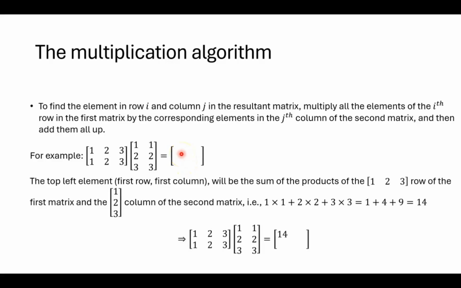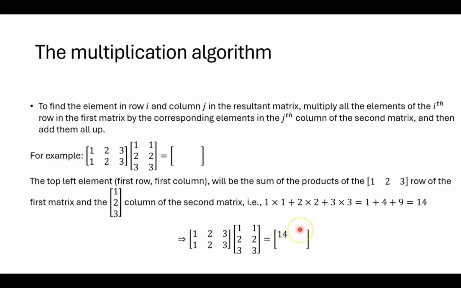For example, the top left element, so the first row, first column in the resultant matrix, will be the sum of the products of the first row, so this 1, 2, 3 of the first matrix, and the first column, also 1, 2, 3 of the second matrix. So you multiply the corresponding elements together, so 1 times 1, and 2 times 2, and 3 times 3, then you add them all up. So you have 1 plus 4 plus 9, which is 14. This tells you that the element in the first row and the first column will be 14.